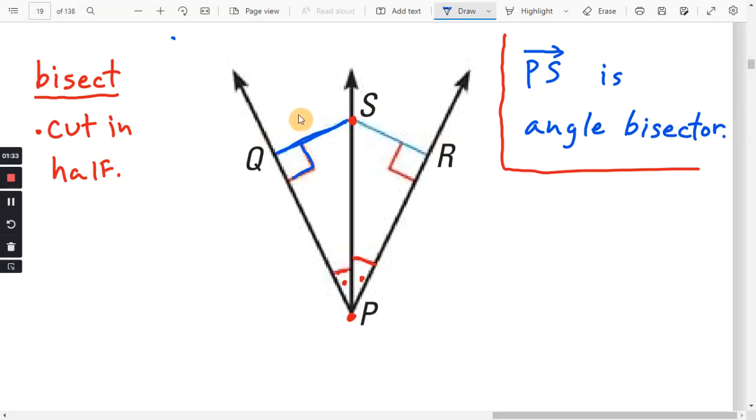This right here is the distance, and that is from point S to this ray. Same thing on the other side. This is the distance from point S to this ray. It has to be perpendicular.